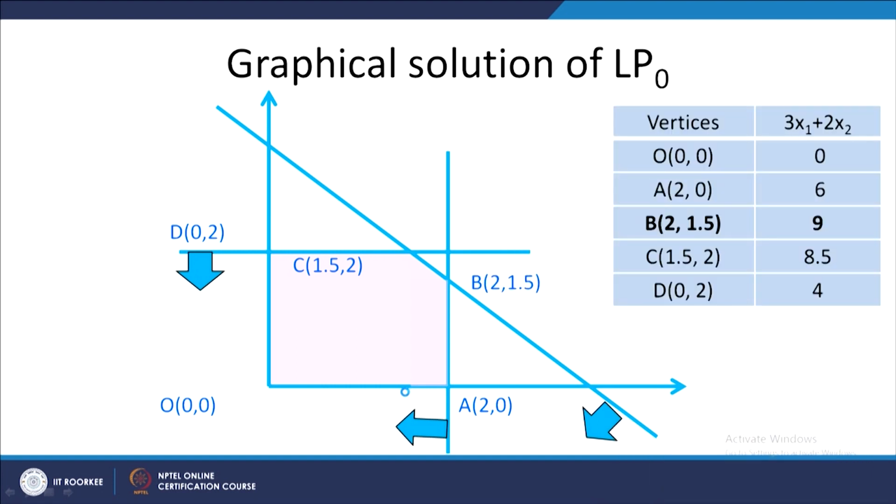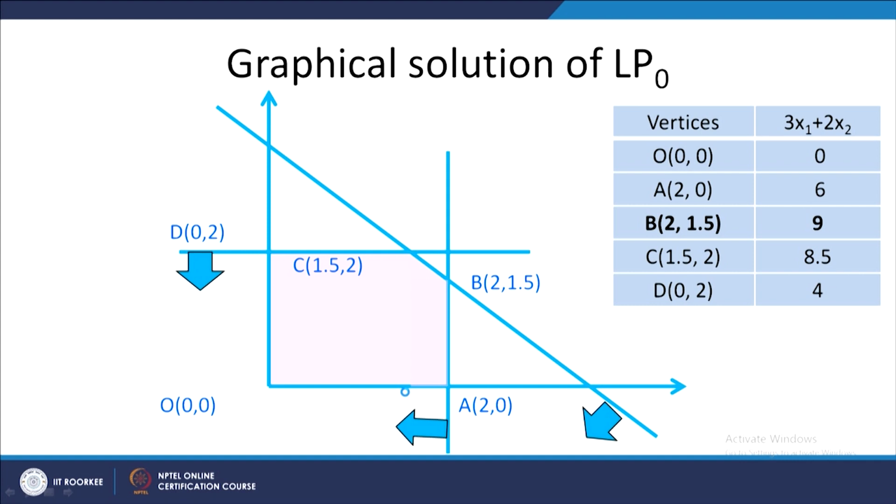The vertices of this region are shown in this table, and you find that the optimum solution is at B, which is (2, 1.5). We have just plotted this thinking that there is no integer restriction, but since the solution B given by (2, 1.5) is not an integer solution, 1.5 is not an integer.